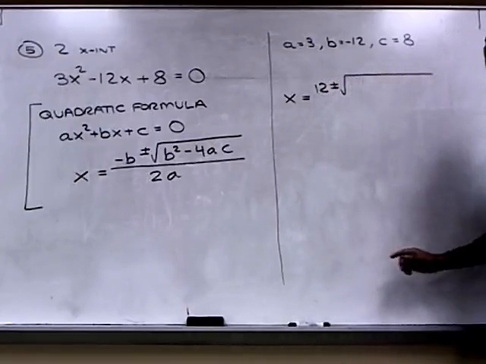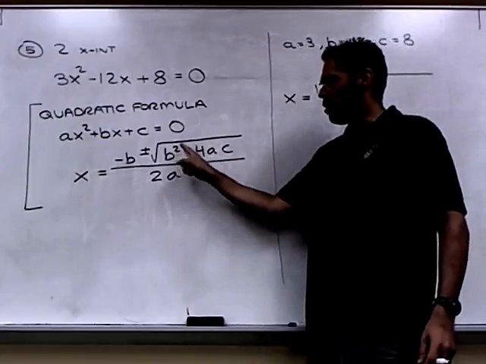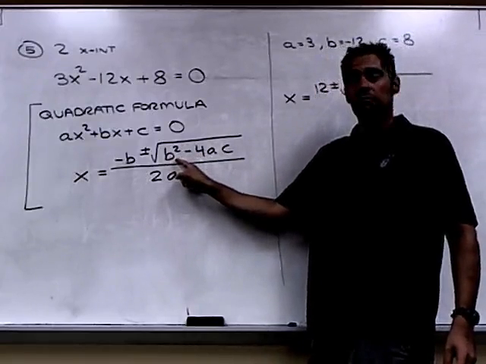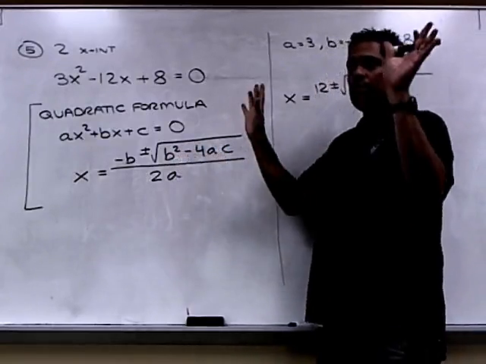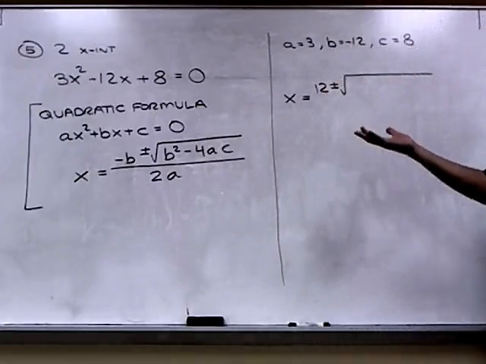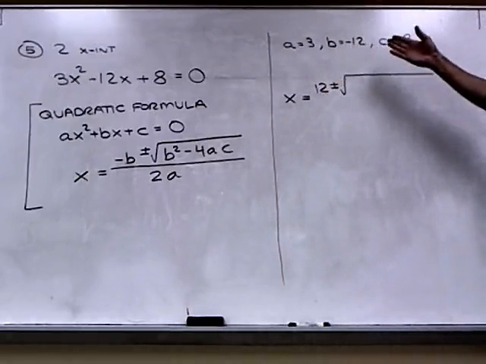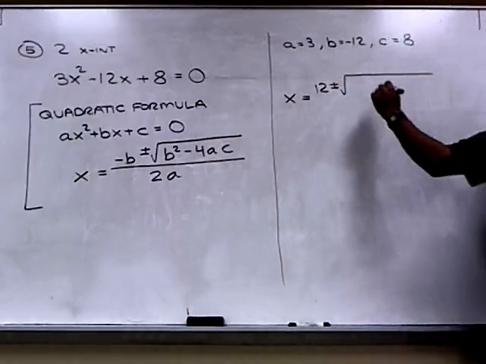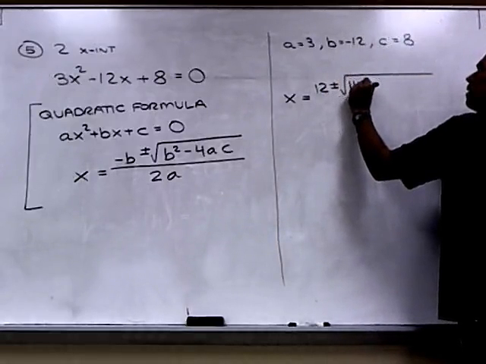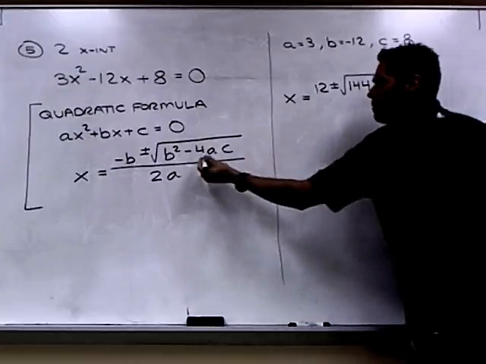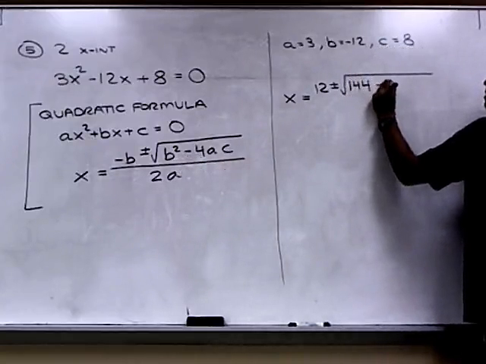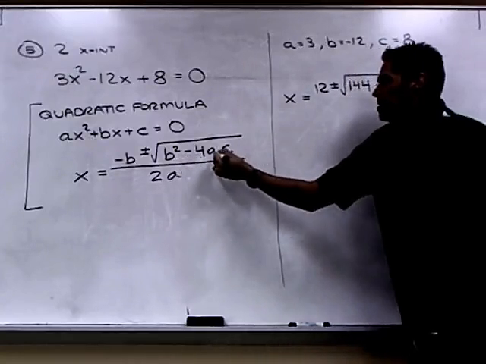Now tell me a little bit about b squared. That's always going to be what? Positive, right? Always, no matter what. I don't care what b is. When I square it, it's going to be positive. So what's negative 12 squared? 144? Okay, then I have minus 4 times a times c.